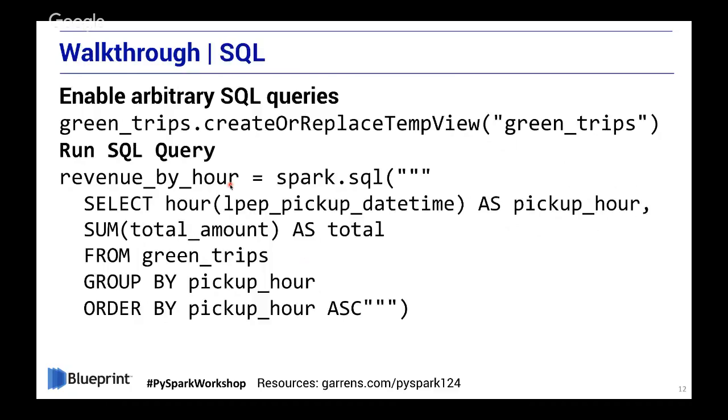Okay, so actually, sorry, let's finish here. So once we pass this command, this whole SQL query to Spark SQL, it's still going to be lazily evaluated. And what you get back, what this variable will contain, the revenue by hour, will be a Spark SQL data frame. So it's as if you had run code directly using the API.